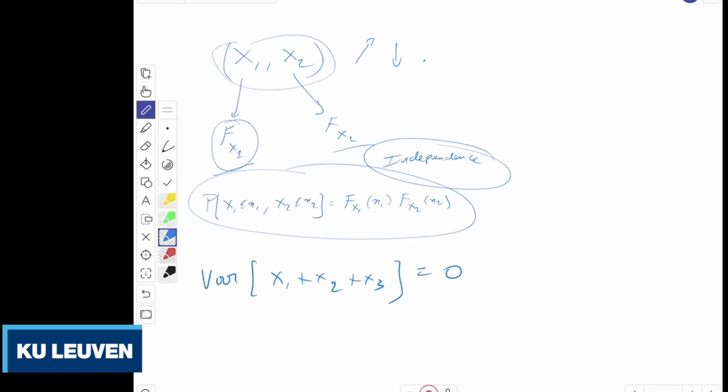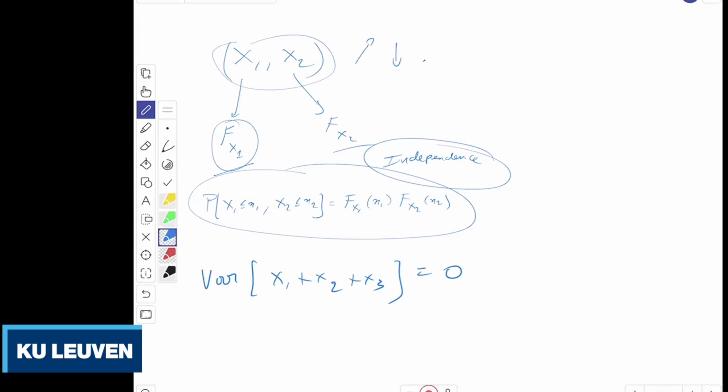It means that X1 plus X2 plus X3, if I add everything, should be a constant, always the same value. Meaning that if X1 and X2 are very large, X3 has to be small to go back to that same level. If X1 and X2 are very small, X3 has to be large to compensate.